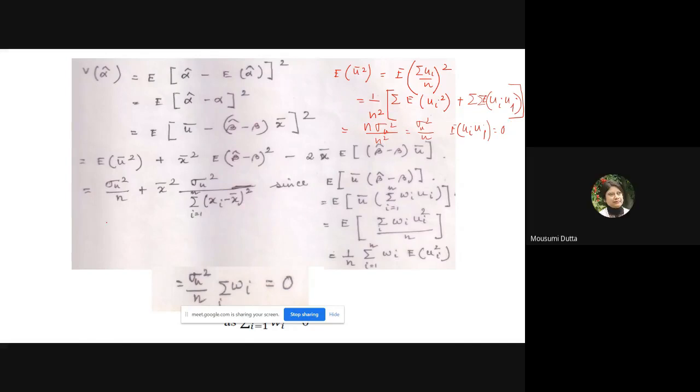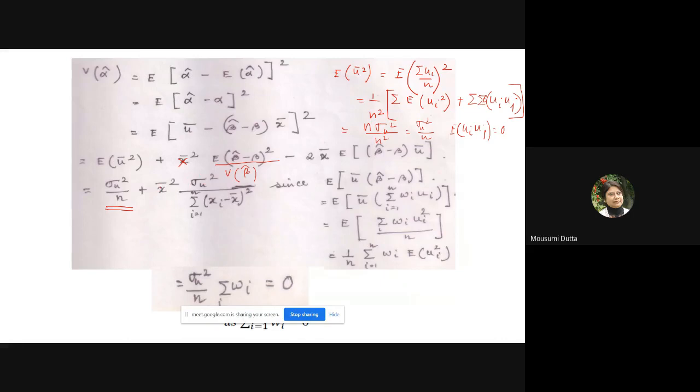So I hope everybody understood how we got the first value. Expectation of u bar square is equal to sigma u square by n. The second term was x bar square, expectation of beta hat minus beta whole square. Now expectation of beta hat minus beta whole square is nothing but variance of beta hat OLS, because it is expectation of beta hat minus expectation of beta hat whole square.